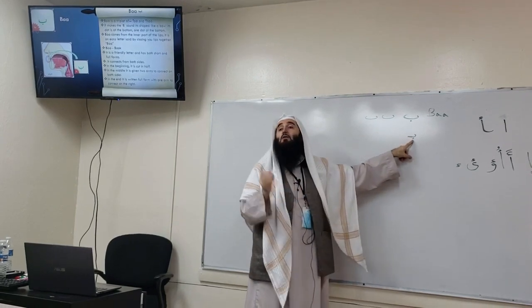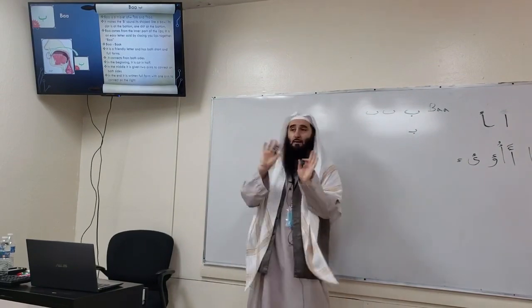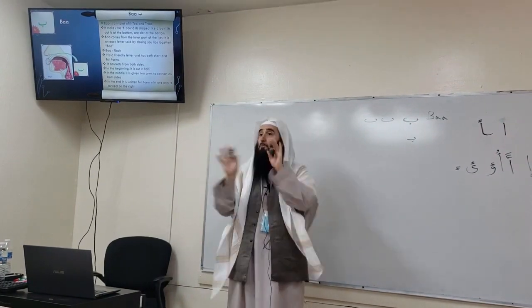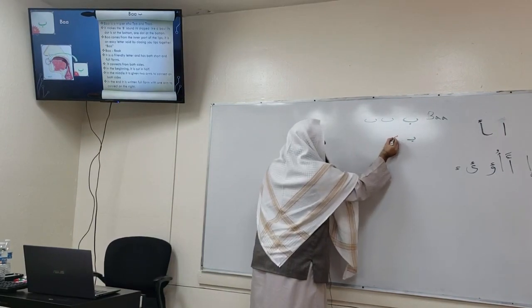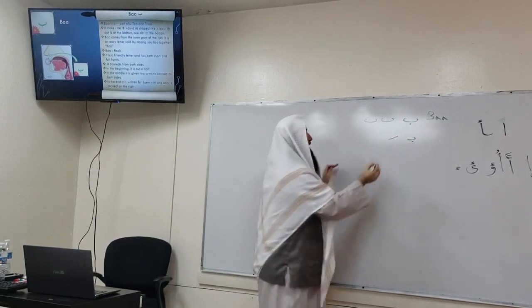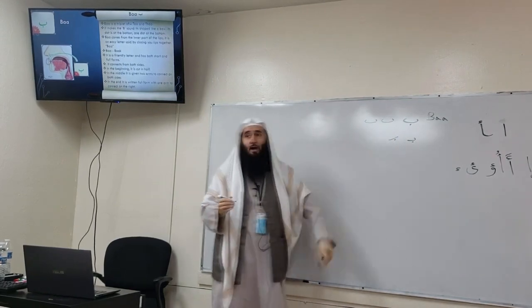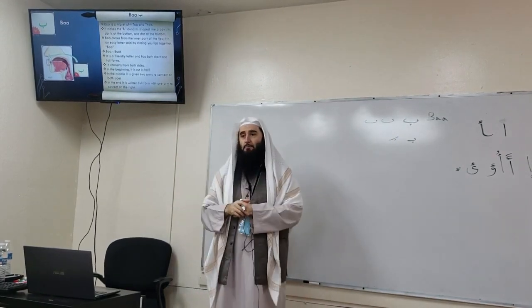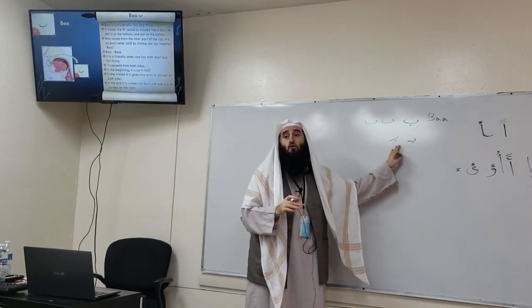What I need to worry about is the dot in the bottom. I don't care about the shape, because the shape changes. Sometimes you will find the shape like this. I say, worry about the dot. If the dot is at the bottom of this line, ba. Yes? Ba. This is the shortest form.